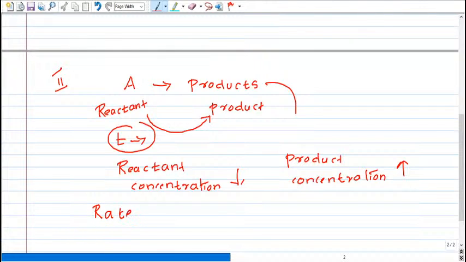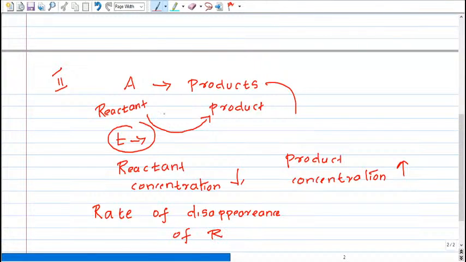So I can say rate. Rate means it represents time, remember. Whenever the word rate comes, it represents time. So you can write here: rate of disappearance of R. Why am I writing R?